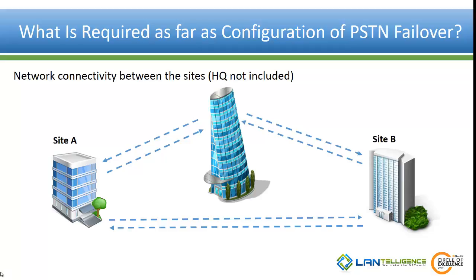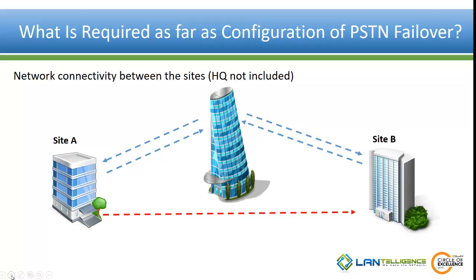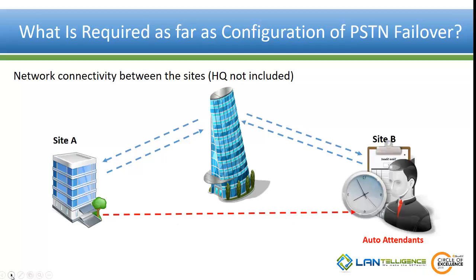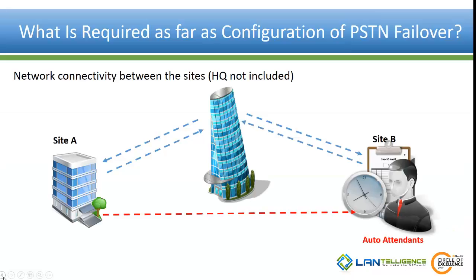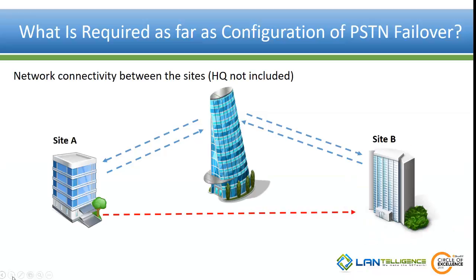What you will hear is it goes to the backup auto tenant, and that is not a bug, that is as built. Okay, so basically that's PSTN Failover in a nutshell.